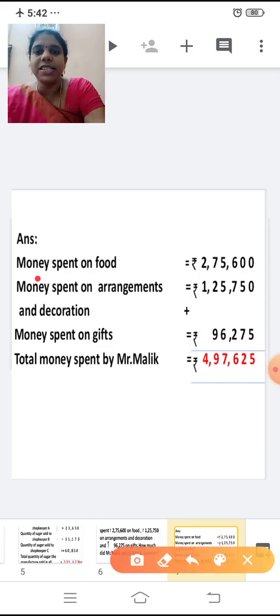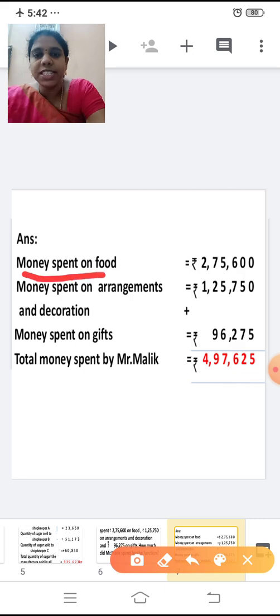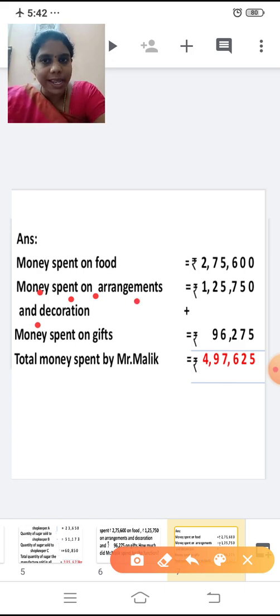Next. Money spent on food. How much money he spent? Rupees 2,75,600. Write it down. Money spent on arrangements and decoration. How much money he spent for arrangements and decoration?